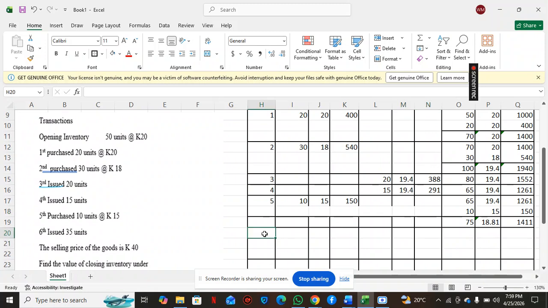Then our final transaction on the 6th, issued 35 units. So here 35 units. We're removing them from these 75 units, valuing them at 18 kwacha 81 ngwe.